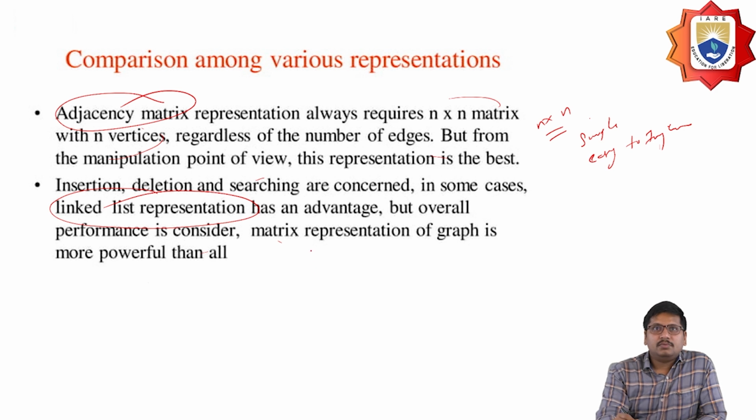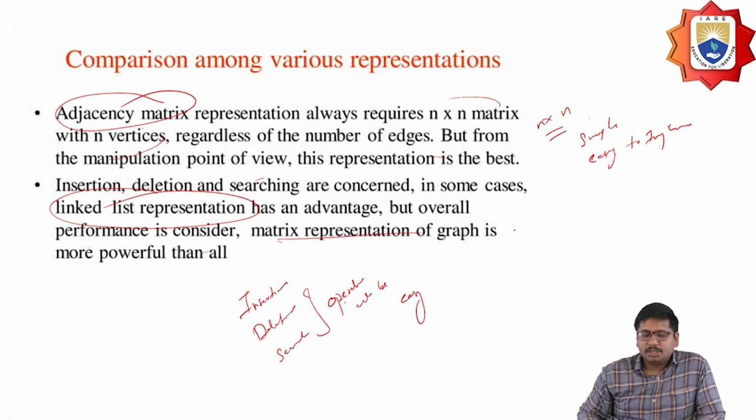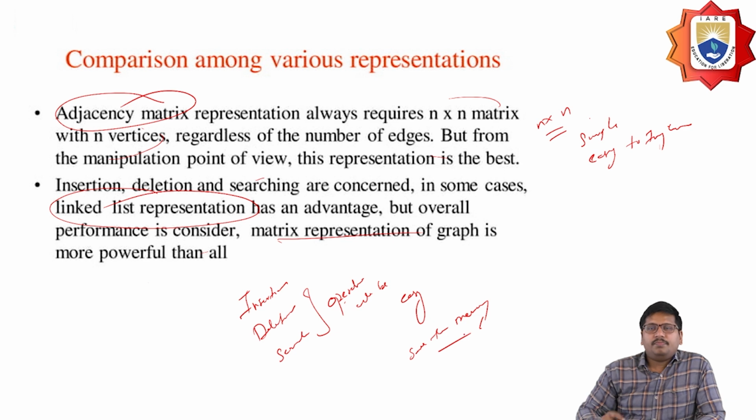Whereas when compared to the linked list, the insertion, deletion, and searching is going to be simple, more powerful, and easy. So insertion operations will be easy. And the representation of the graph is also going to be more powerful since it saves memory also.